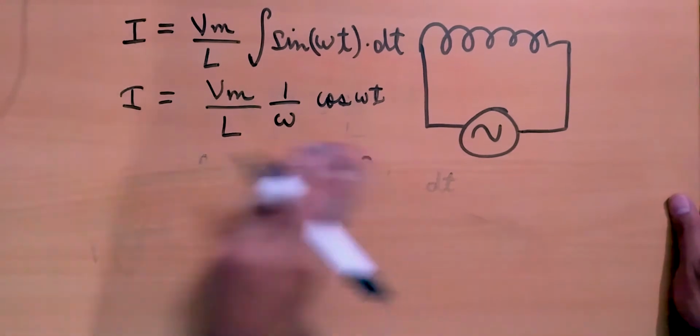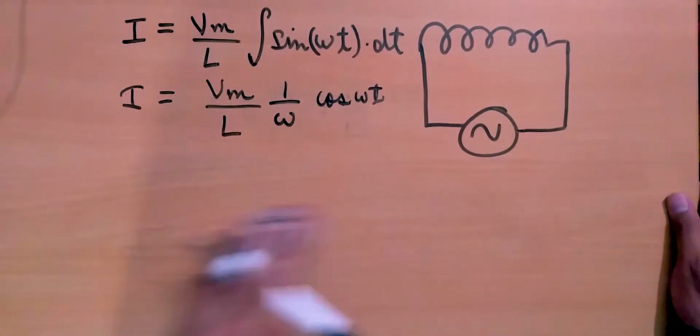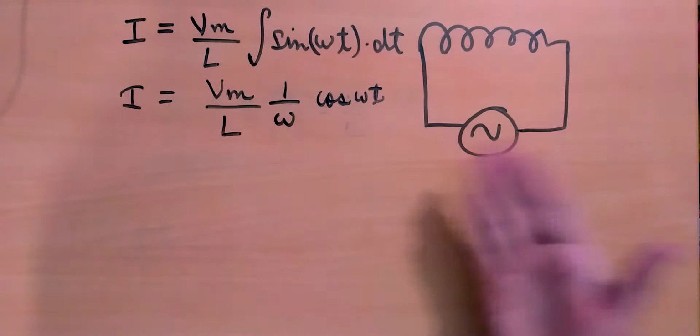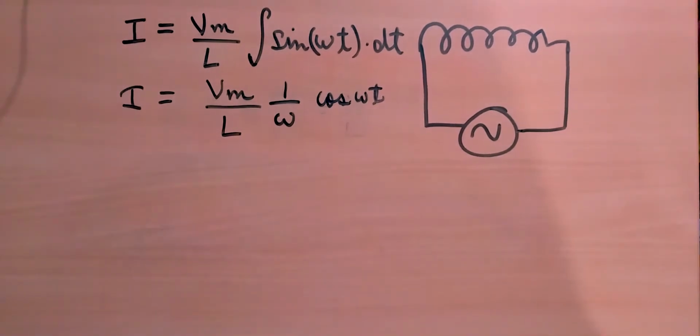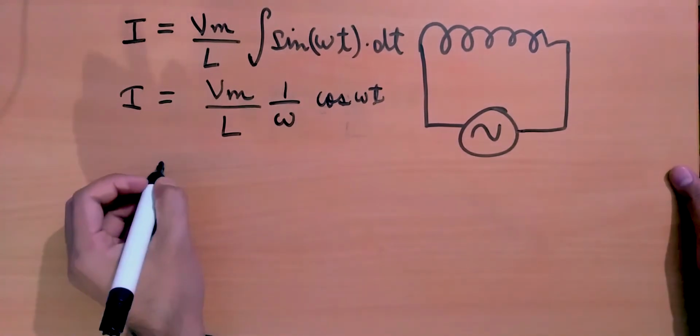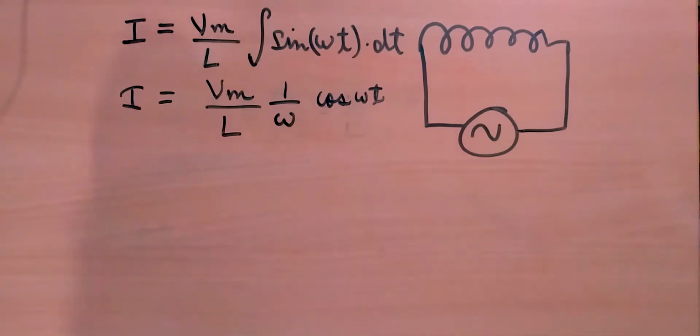Yeah, so now I have got current equals this thing, and if I quickly just clear this up, now one small step right here which might confuse some of you.